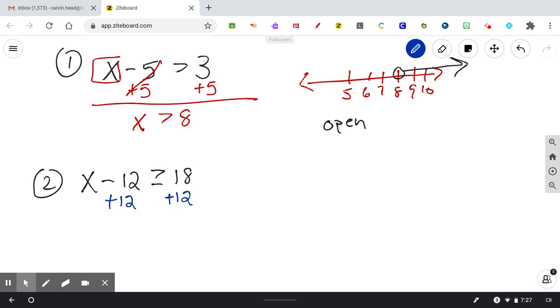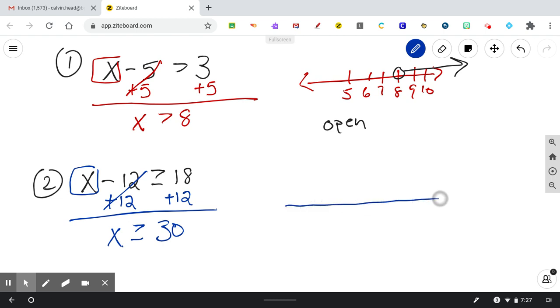Plus 12. That cancels because remember we're trying to get x by itself. So the x comes down. My sign comes down. 18, so this would be 30. Okay. So now ask yourself.